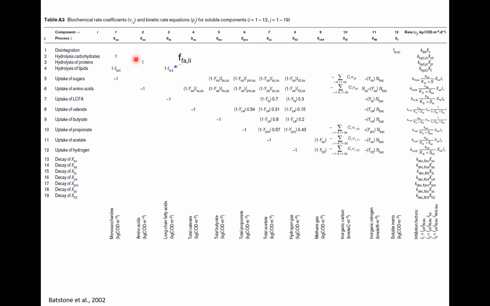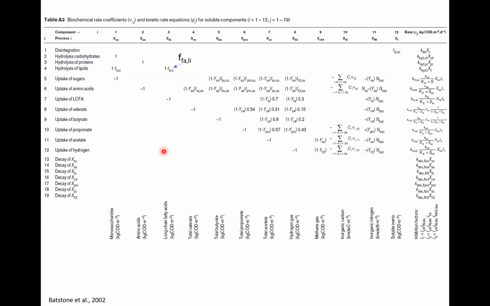The first is hydrolysis of carbohydrate, so 1 times k_hyd,ch times X_ch, and the other one is 1 minus f_fa,li times the hydrolysis of the lipids here. And then 1 for the uptake will be minus, because this will be taken out, so the concentration will go down. And this is the rate for the sugar uptake, the equation for the rate of it.